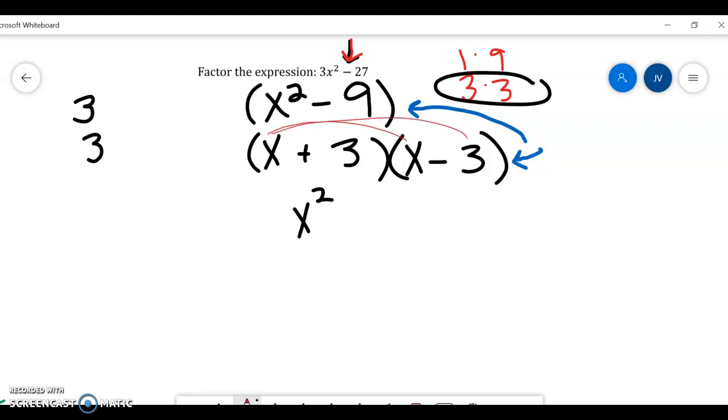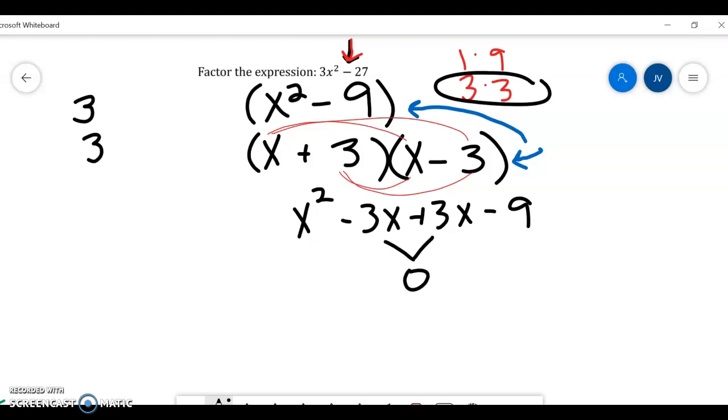Then we do x times negative 3, negative 3x, 3 times x, positive 3x, 3 times negative 3, negative 9. And look at that. When I combine my middle term right here, I do get that 0. I don't have that middle term with just an x right there. So all I have left is x squared minus 9. So yes, this and this match up.